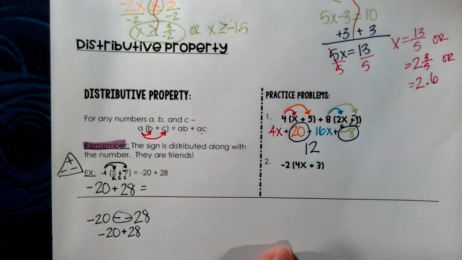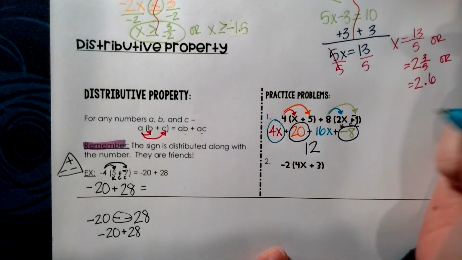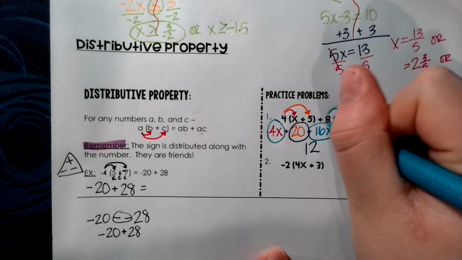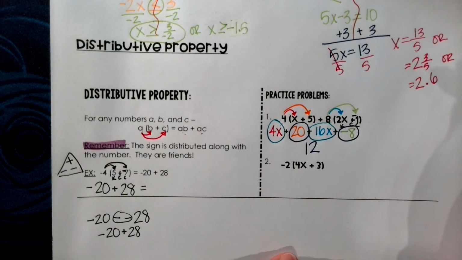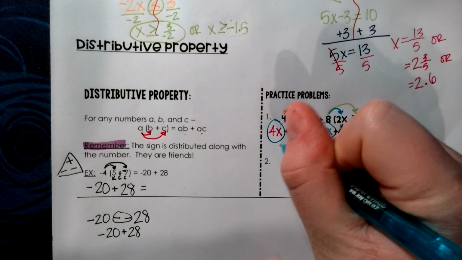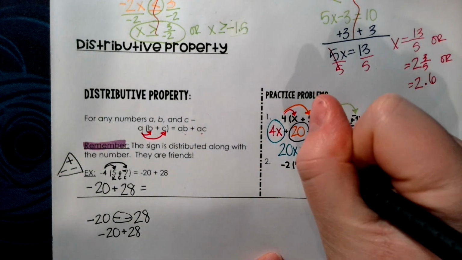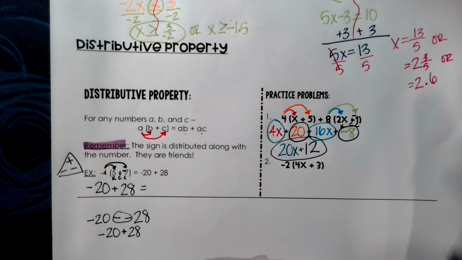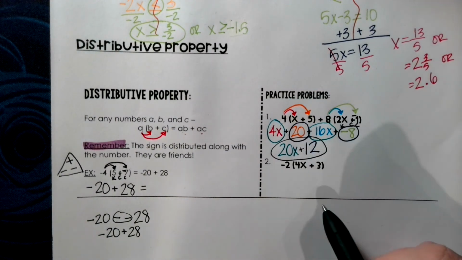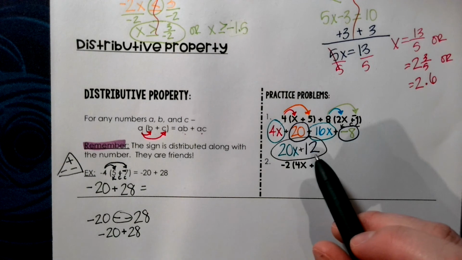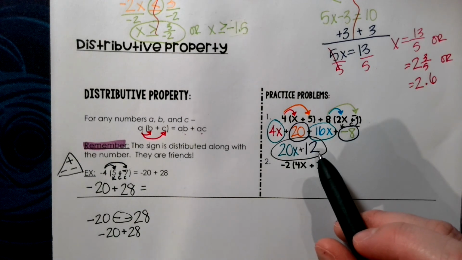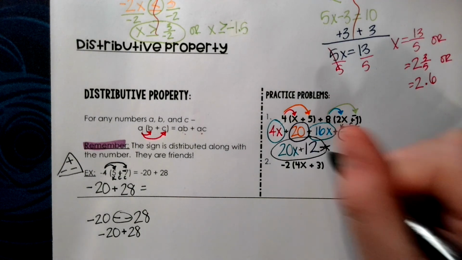And then I can combine my 4x and my positive 16x. What's that going to give me? 20x. So my final answer ends up being 20x plus 12. Again, I can't simplify that anymore because those are not like terms. That 12 doesn't have an x behind it. This is my final answer.